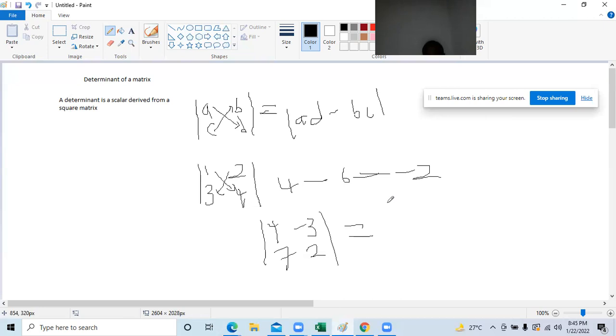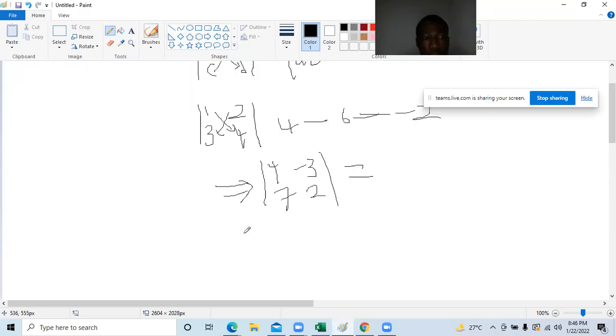What's the determinant of this matrix? Okay, correct. All right, that's correct.